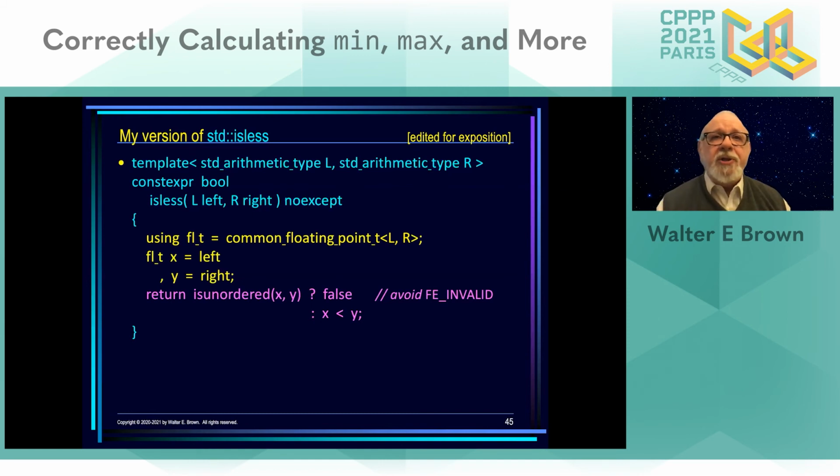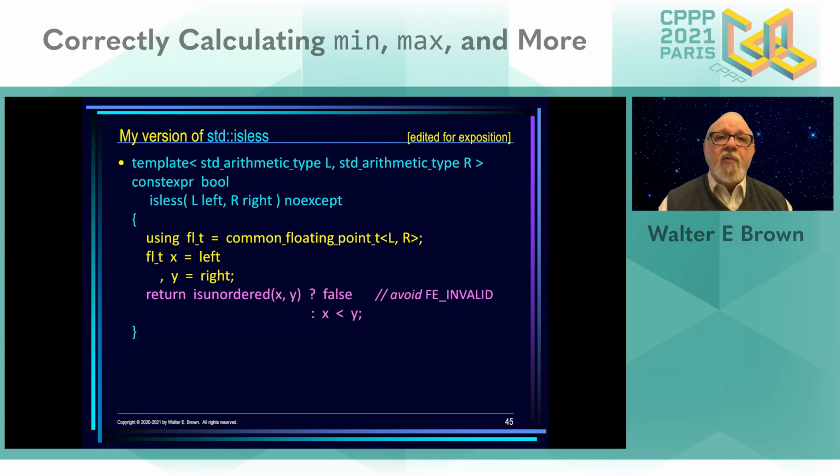And although I'm not showing you this meta function, common floating point t, if there's an integer type involved, it gets converted to double. And if it's a floating point type, I just make sure they're both the same. So if I have a float and a double, I make them both into doubles, etc. Then get values of that common type. And then we finally do a comparison of x less than y, assuming that the values are ordered.